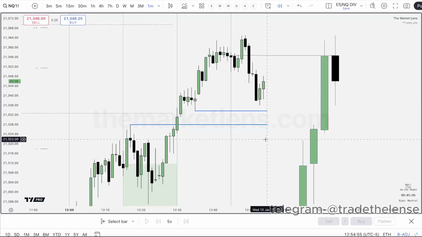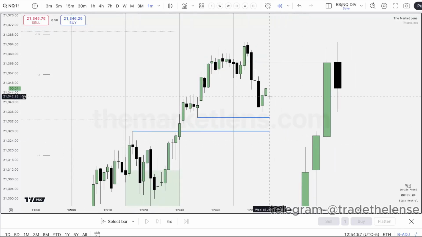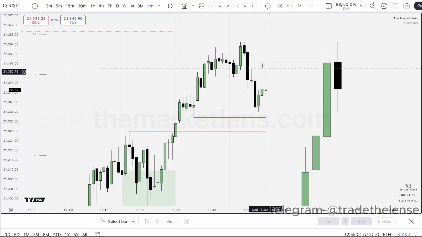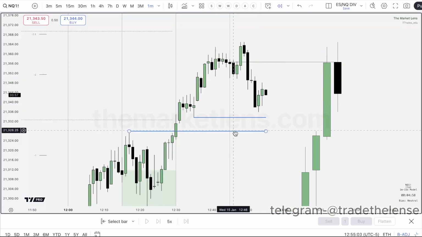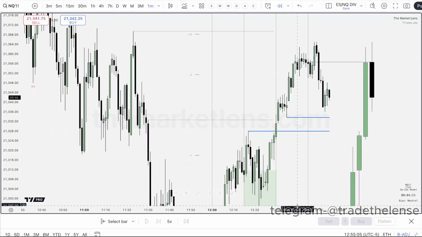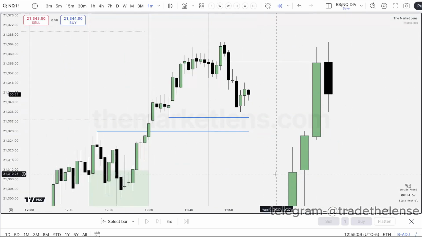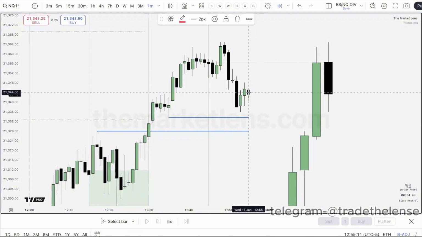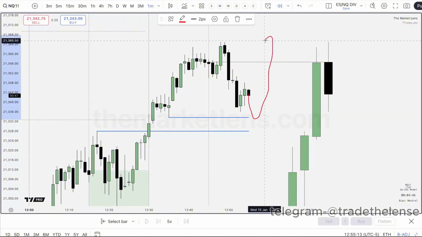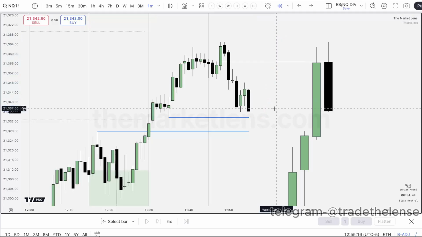But like I said, I'm not really looking for a large move down. Why? Because don't get so caught up in the lower time frames. Where am I actually looking for price to trade to? These highs, right? So I'm only looking for price to trade into these lows to then go back higher. That's it.